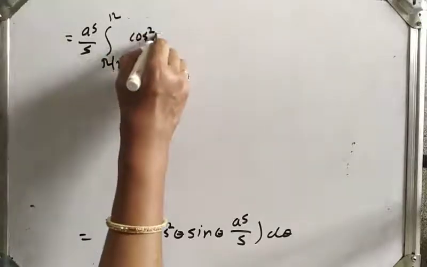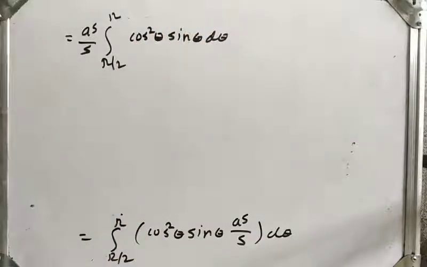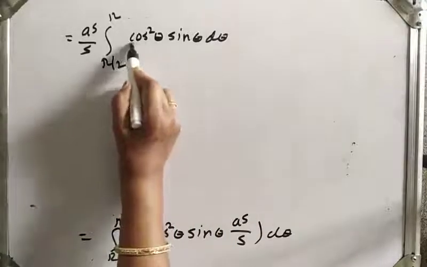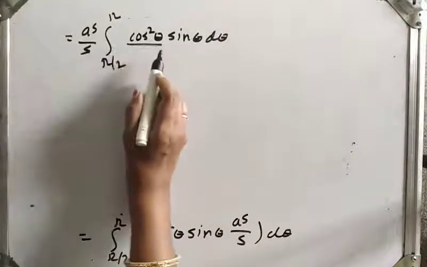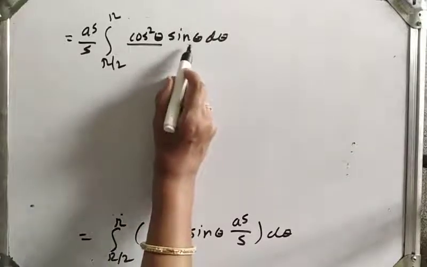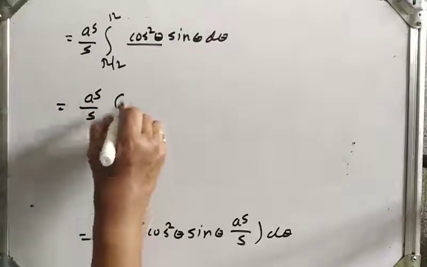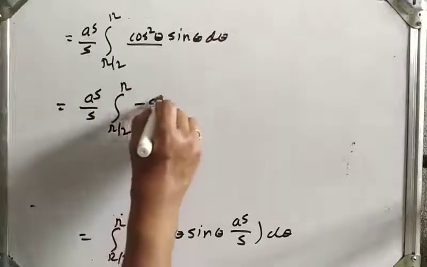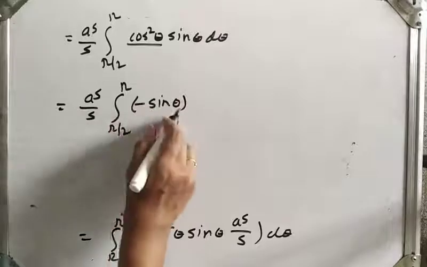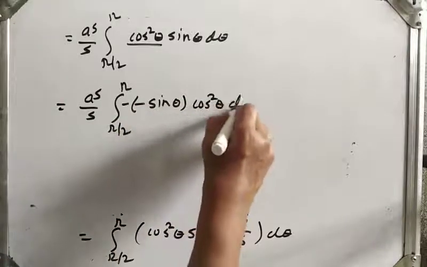Cos square theta sin theta d theta. Now, what is the derivative of cos square theta? The derivative of cos square theta is minus sin theta. Here there is already sin theta, so we can adjust with minus sin theta. So a raised to 5 by 5, pi by 2 to pi, minus sin theta. To adjust this minus sign, we again take minus here, cos square theta d theta.